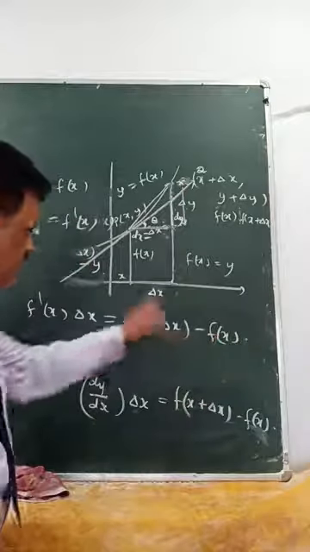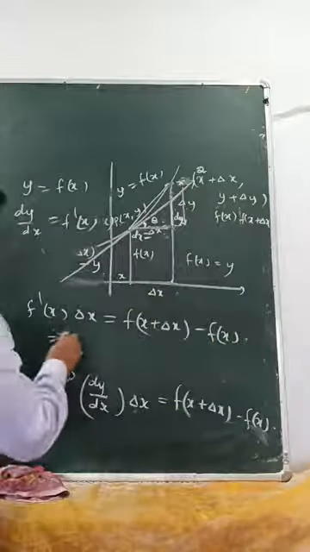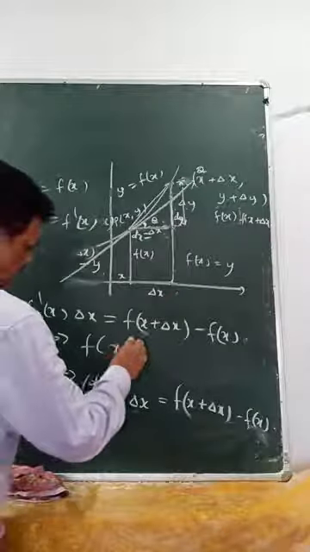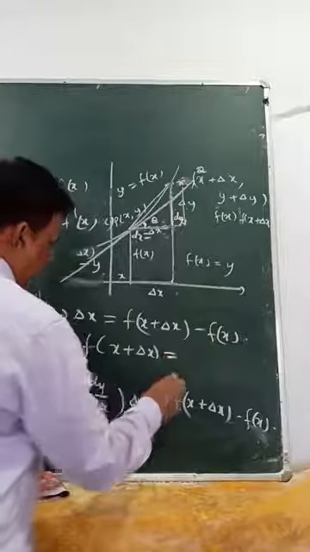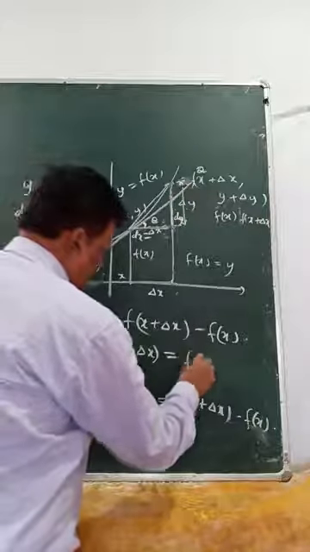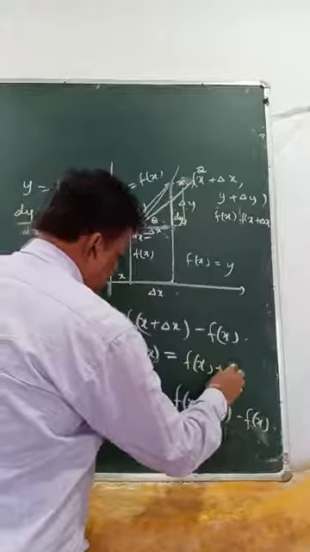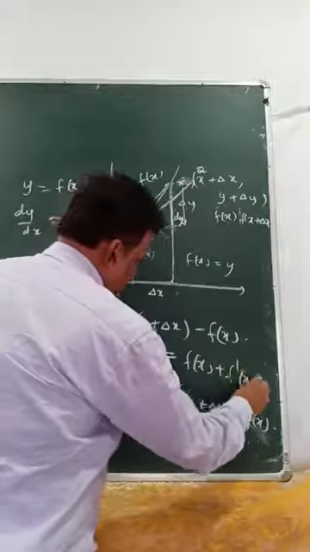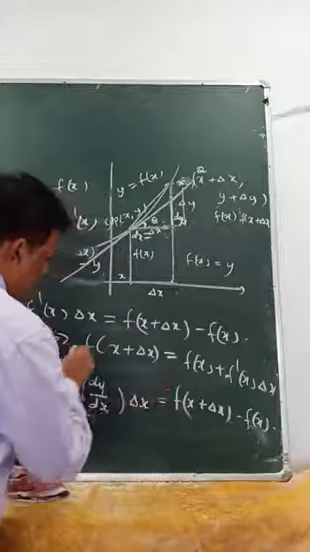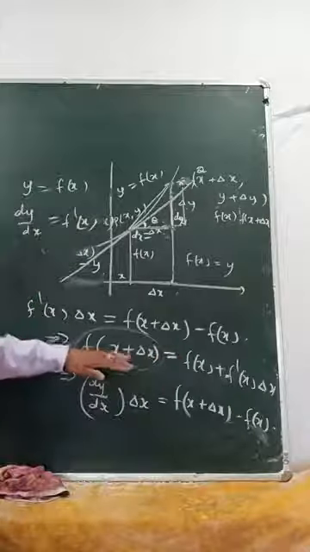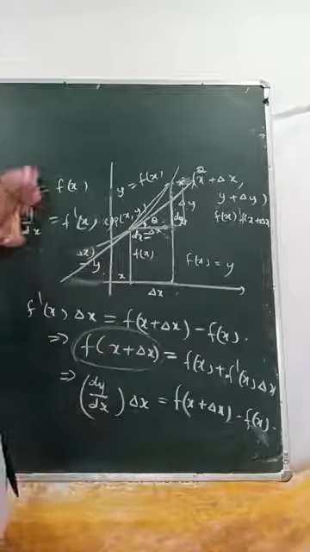Now if I take this one to this side, I get f of x plus delta x equals f(x) plus f dash x delta x. That means you are asked to find this part. So how to understand this? Look at here.